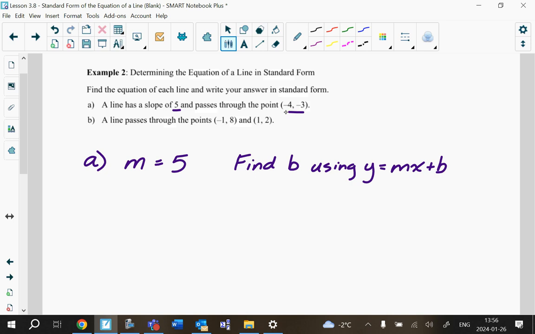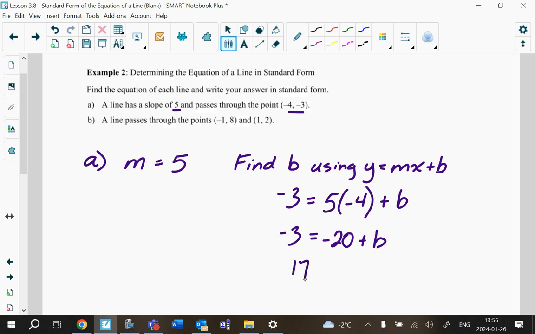So what's y? Negative 3 equals m times x plus b. So multiply 5 times negative 4 and you get negative 20. Get b by itself by adding 20 to both sides, and b is equal to 17.